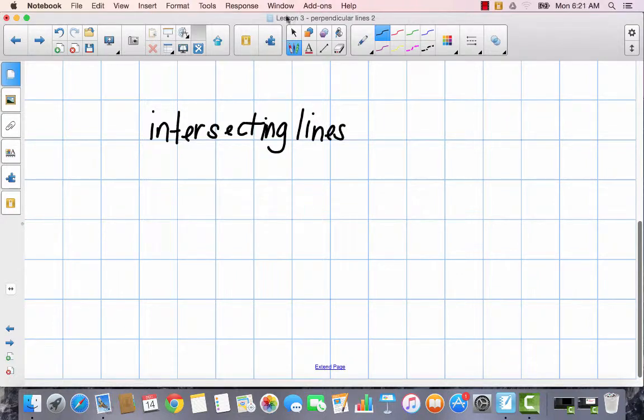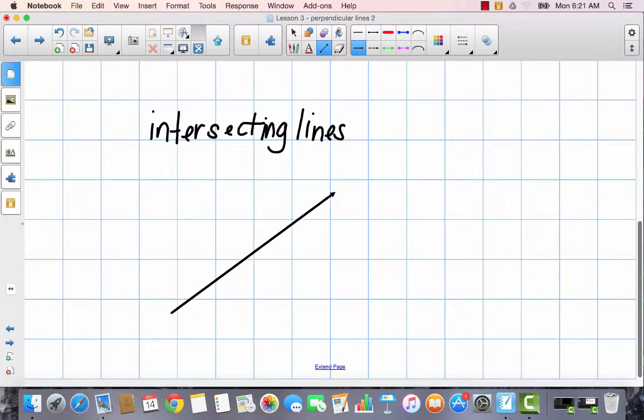And then we're going to create some lines. I want you to make sure that you're using your straight edge and just create 2 lines that intersect but not at right angles. So it doesn't matter how you make them, just make sure that they do not form right angles.